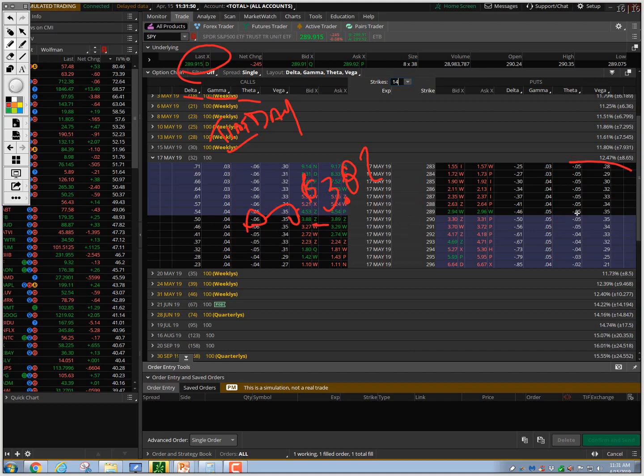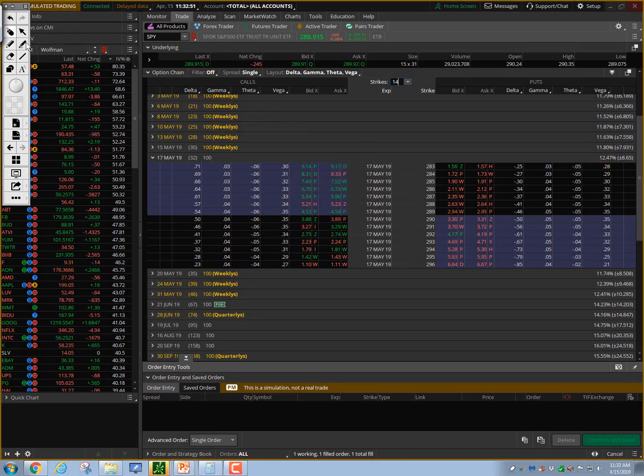And theta affects the premiums over here as well, right? If nothing else changed, we're losing 5 cents a day in premium. One thing I forgot to mention is that over here, if we look at delta, it's positive for the calls and it's negative for the puts. The reason why it's negative for the puts is because everything's assumed that the market's going to go up.